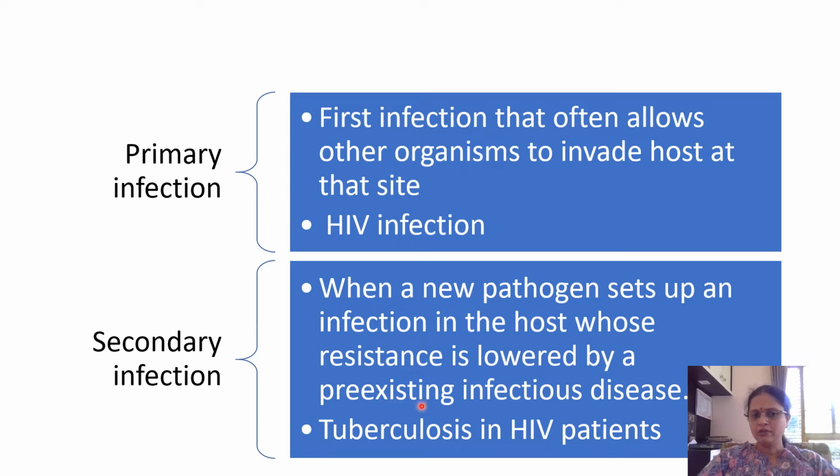See, tuberculosis is caused by Mycobacterium tuberculosis, a bacteria. In a normal healthy patient, usually Mycobacterium tuberculosis cannot cause the disease. But in an HIV patient whose resistance has been lowered considerably, the Mycobacterium tuberculosis can easily cause TB disease. So in that situation, we are going to call Mycobacterium tuberculosis the secondary infection.